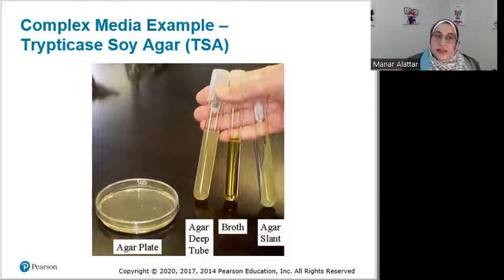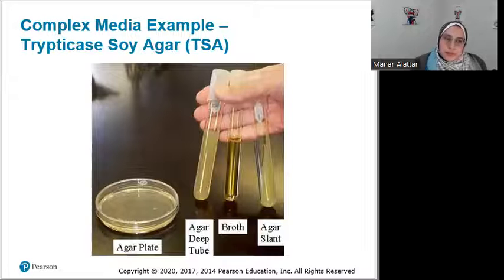And so you could then start to layer in complexity, okay? Instead of just having a TSA or an LB, which is just a general complex media, you might start to add things into the media to make it a little bit more complex and to select out certain organisms or to differentiate between certain organisms that are in that environment, right?